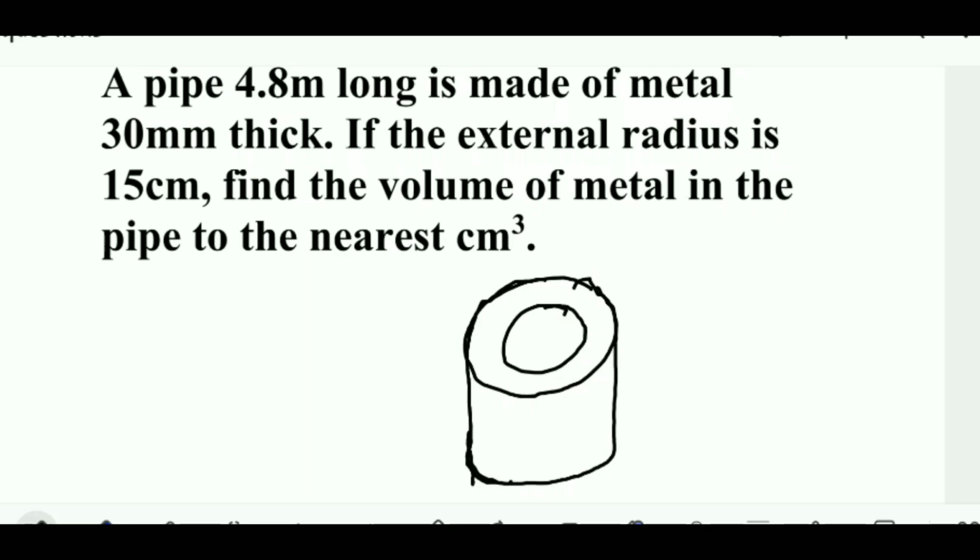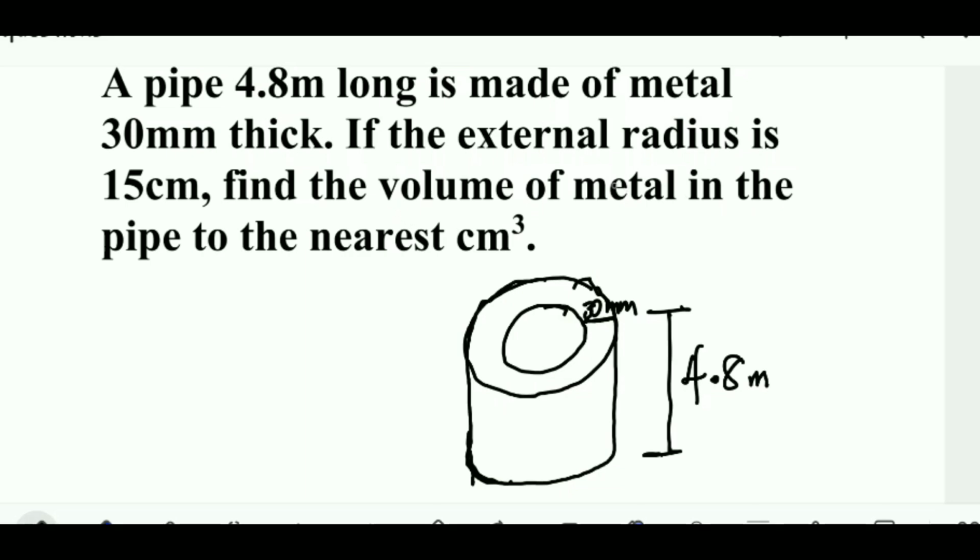It has a thickness. I've been told that the thickness is 30 millimeters. That's the thickness. The pipe itself is 4.8 meters long, and that's going to be the same as the height. If the pipe is standing, you talk about height, but when it is lying down on the ground, you talk about length. So it's the same.